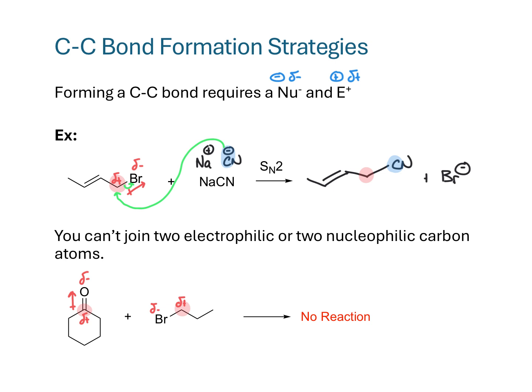These two carbons here, because they're both electrophilic, can't be joined. So if we want to join those two carbons together, we somehow need to reverse the polarity of one of these two atoms to make it nucleophilic instead of electrophilic.